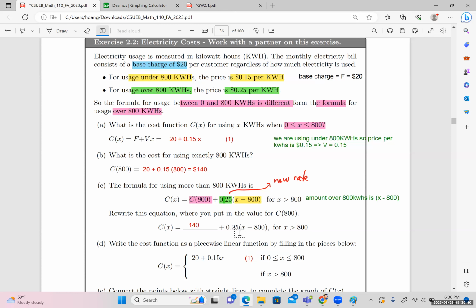And the second part will be this guy, part two. I'm going to put that here, right? Okay, so for part two, I'm going to put down 140 plus 0.25 times x minus 800.